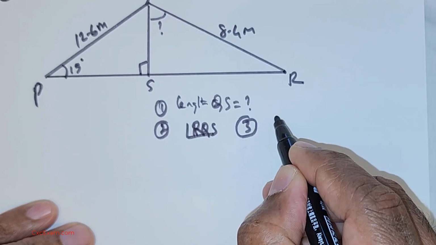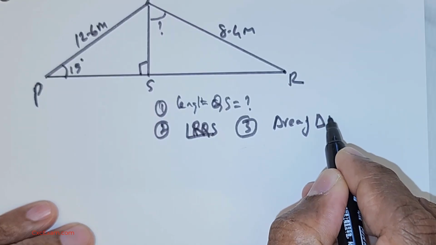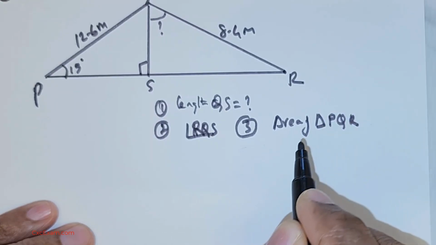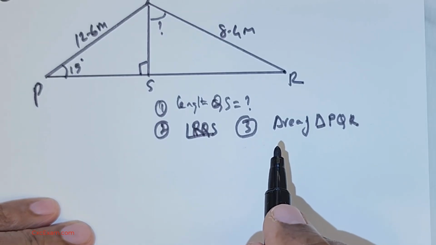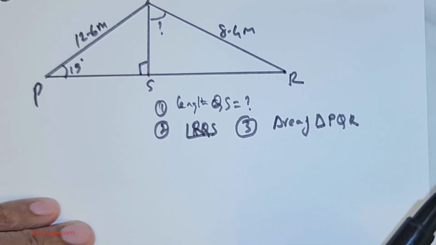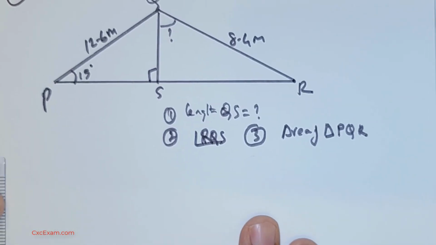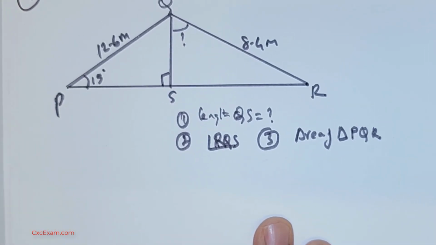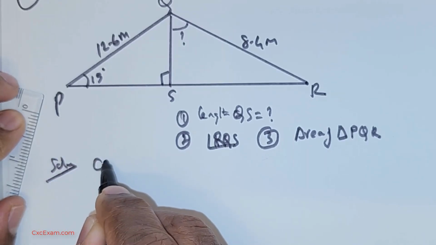Then question 3 is the area of triangle PQR. Okay, this area has to be obtained. All right, having mentioned that, let me move on. This is the solution.